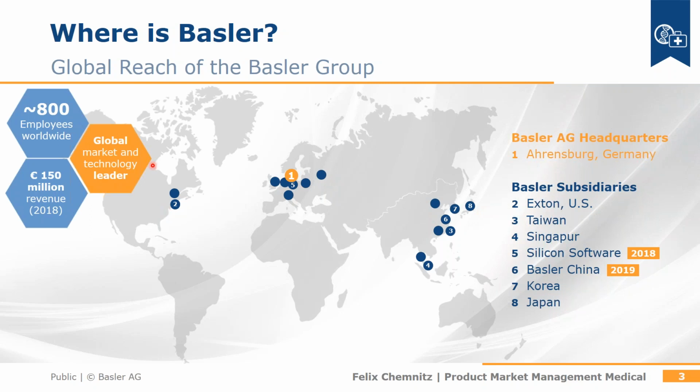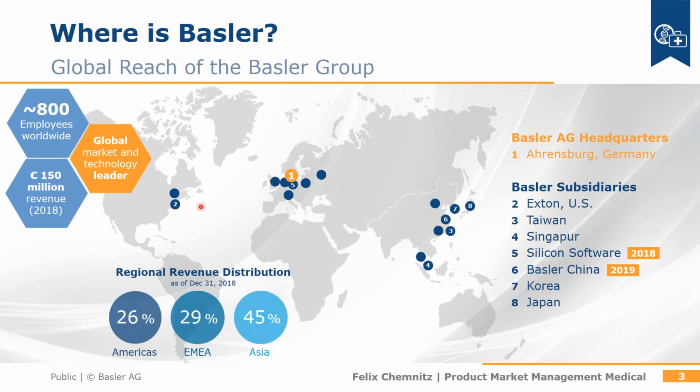To give you a brief outline of how big we are: around 800 employees at the moment, doing 150 million in revenue in 2018. In numbers, this means we sold around 400,000 cameras in 2018. To show you the regional revenue split, this makes it clear why we have such a great number of subsidiaries in Asia.